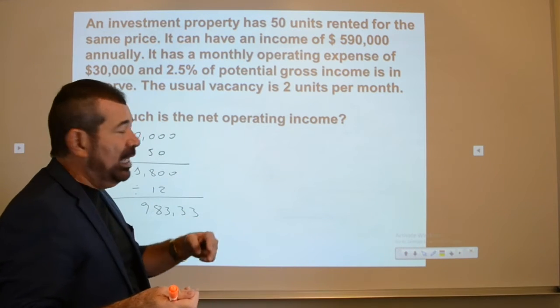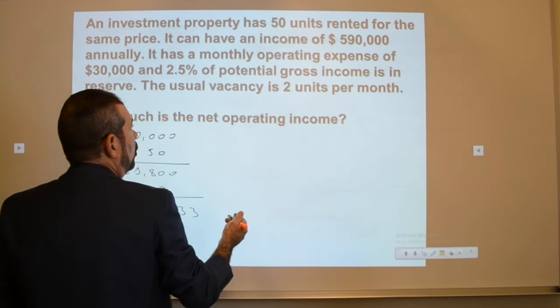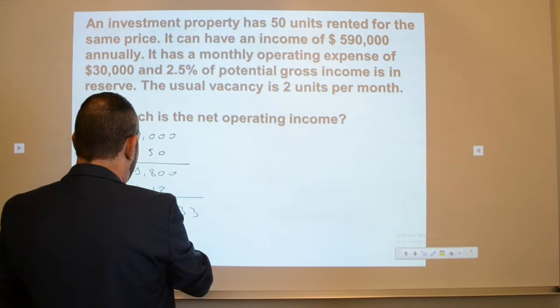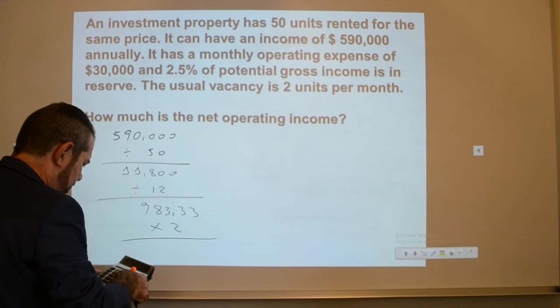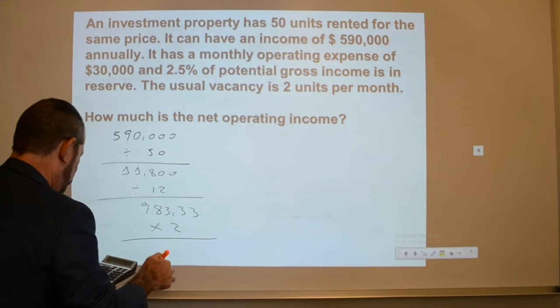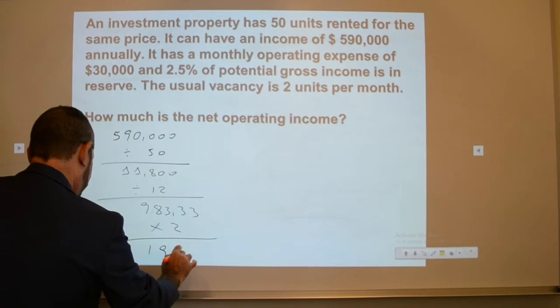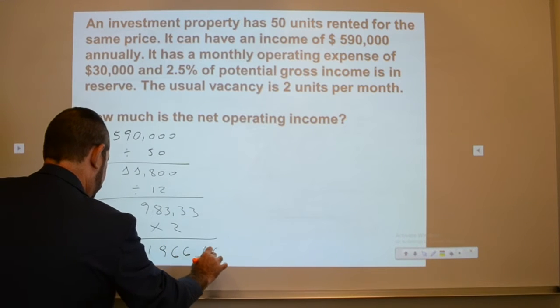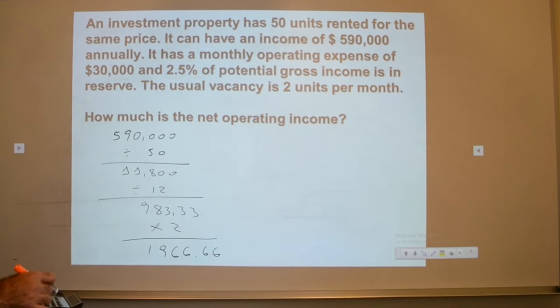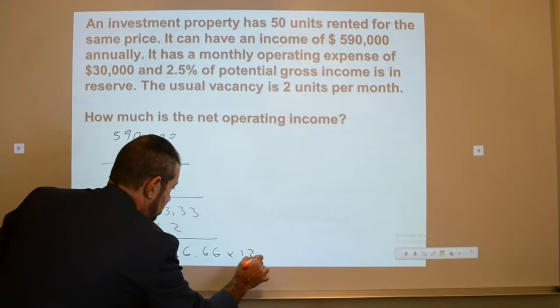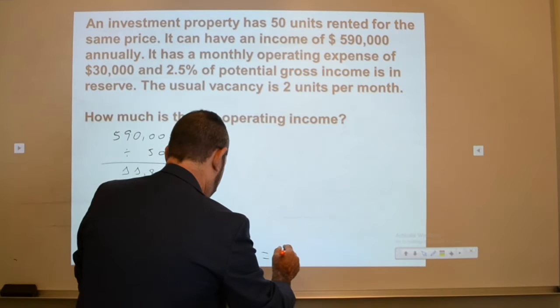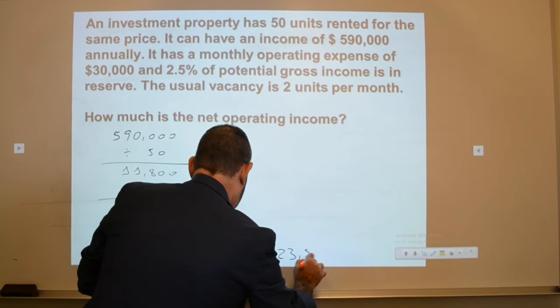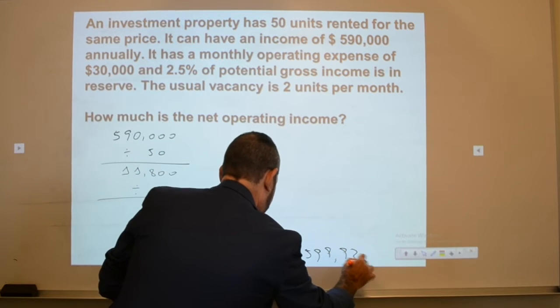It tells me that the usual vacancy is 2 units per month. So if 2 units per month are vacant, I'll multiply this by 2: 983 times 2 will give me $1,966.66. So if every month I get 2 vacant, in 1 year I'll multiply by 12, and I have $23,599.92.